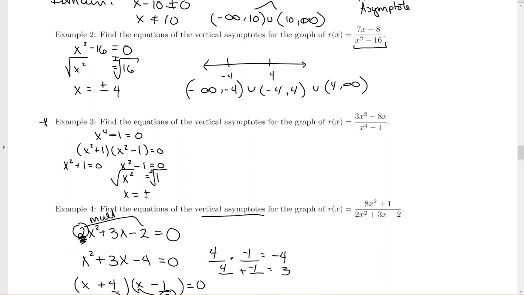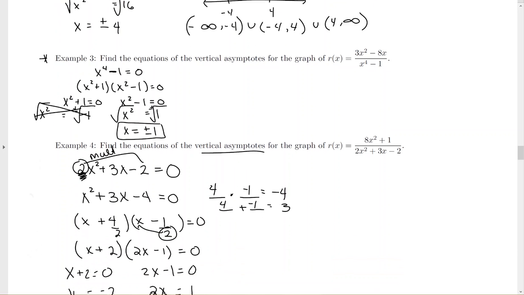So we have two vertical asymptotes, x equals positive 1, x equals negative 1. The other factor doesn't give you a vertical asymptote. When I subtract 1 and then take the square root of negative 1, that's an imaginary number. So this factor doesn't give us a vertical asymptote, but we do have two right here.